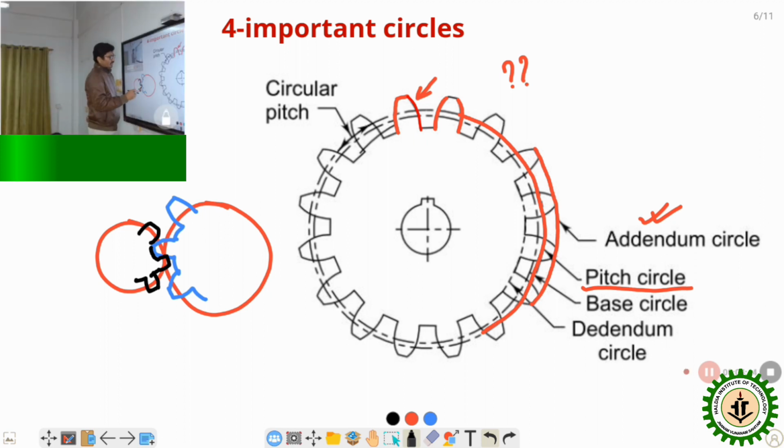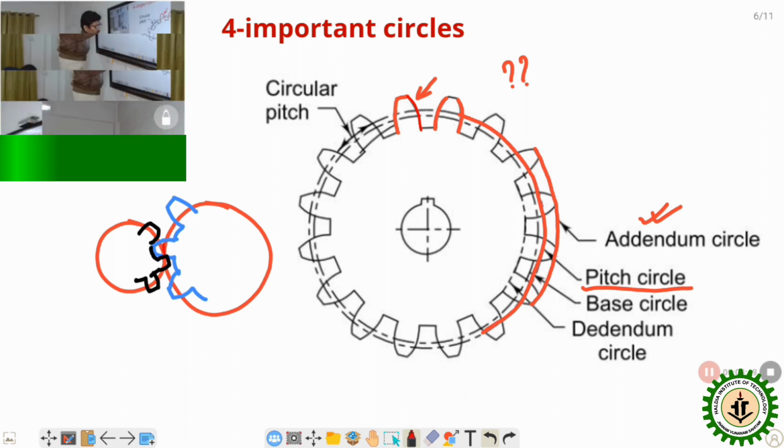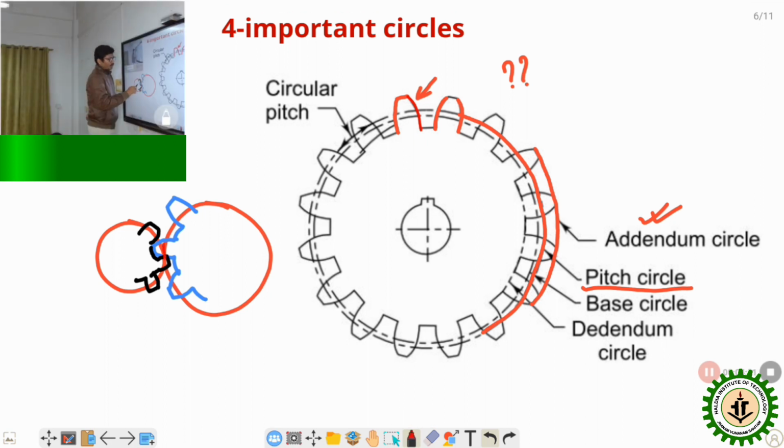So the pitch circle is that imaginary circle where the tooth of the gear and the tooth of the pinion touch each other. That point is known as the pitch point, and the circle passing through the point is known as the pitch circle. So the pitch circle passes below, that means the diameter of the pitch circle is smaller than the addendum circle.